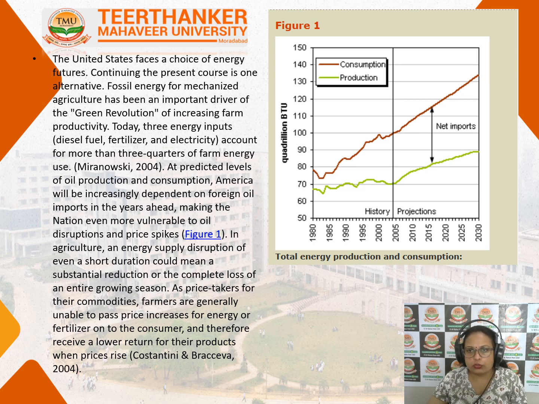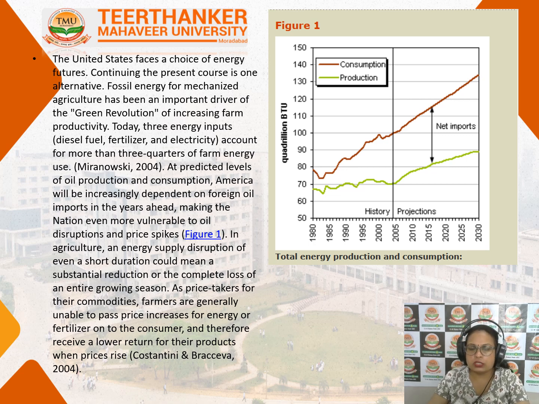On the x-axis they have shown the increasing years, in the near future, by 2025, 2030. So a lot of energy production and consumption will be there, and this gap will be met by importing energy from other countries.